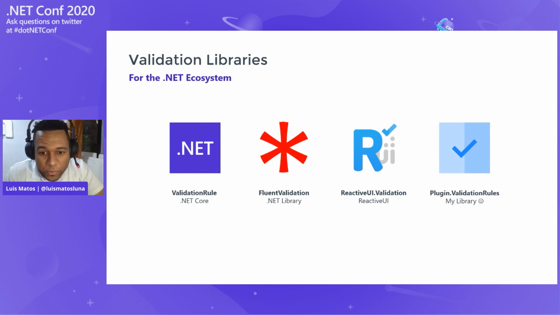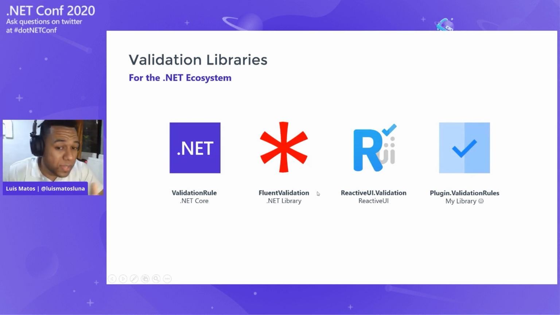And if you are using reactive programming or ReactiveUI, maybe you will know ReactiveUI validations. Everybody knows this library. And the last one we have is Plugin.ValidationRules, which is the library that I built for the Xamarin Forms ecosystem.